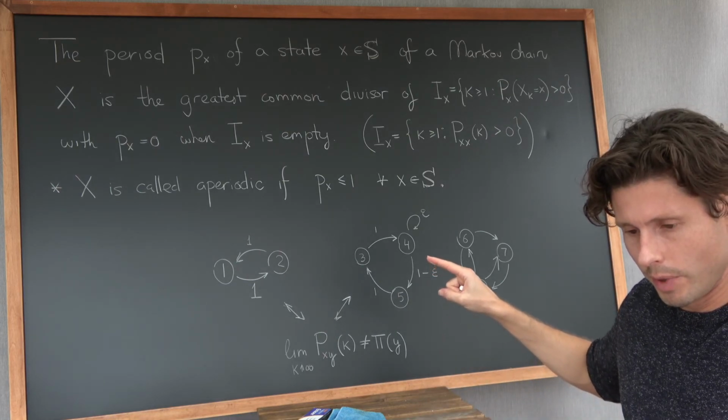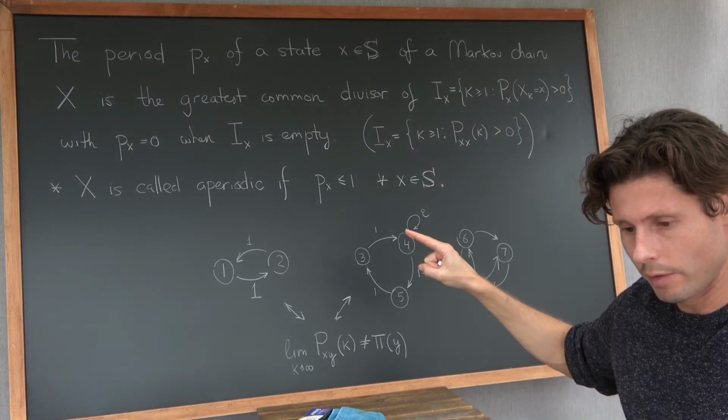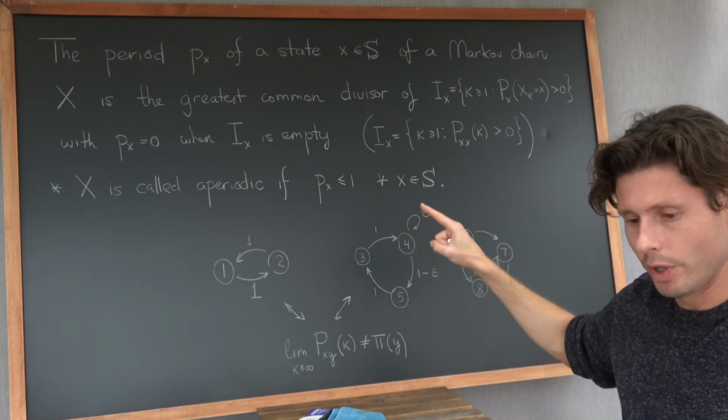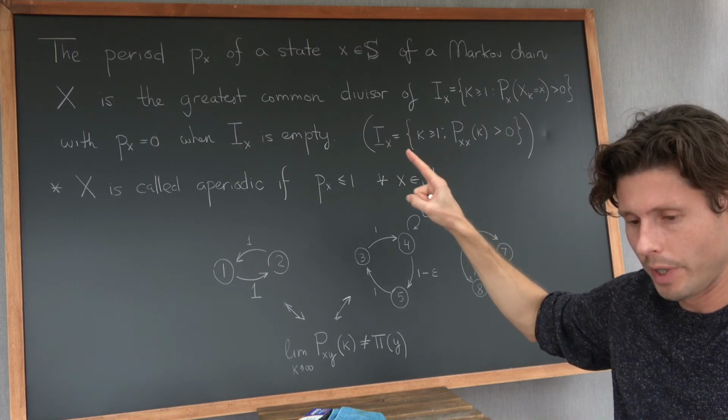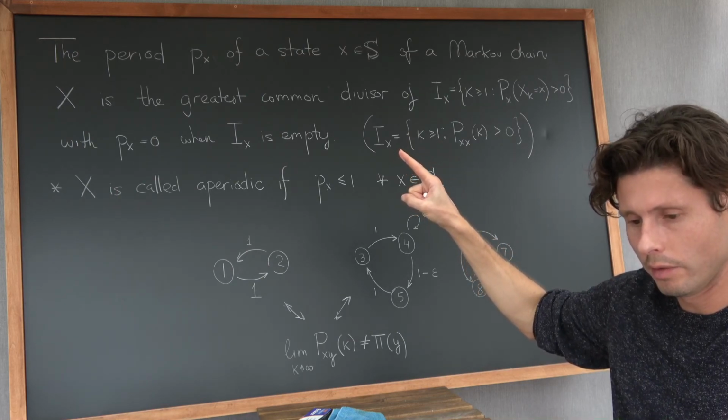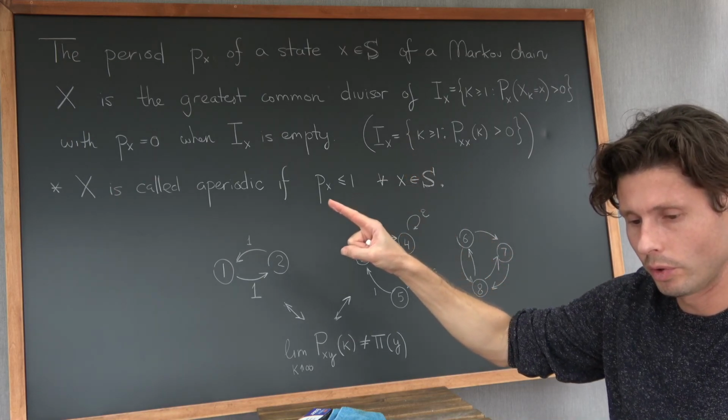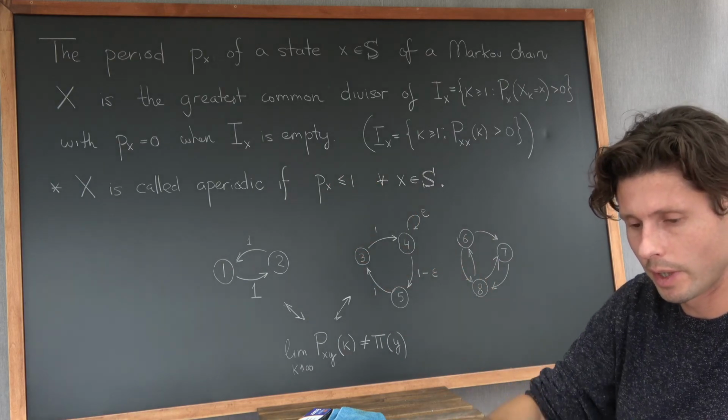The reason is that look what's happening with state 4 here. It can always return in 1 step, and as soon as the number 1 appears in the set, you're done, because at that point you're qualified for a state of period 1.